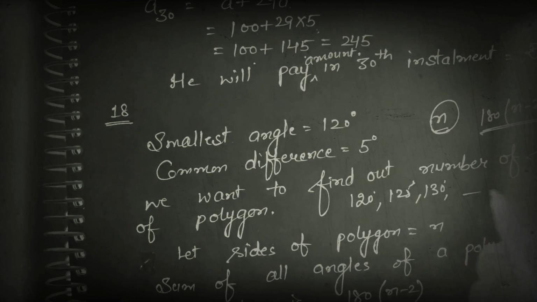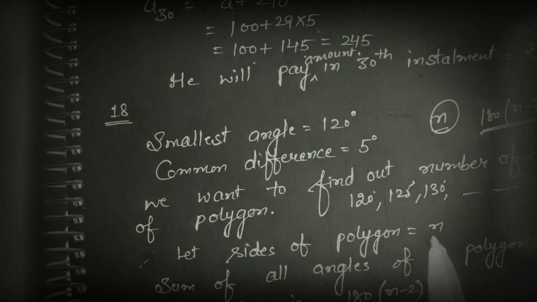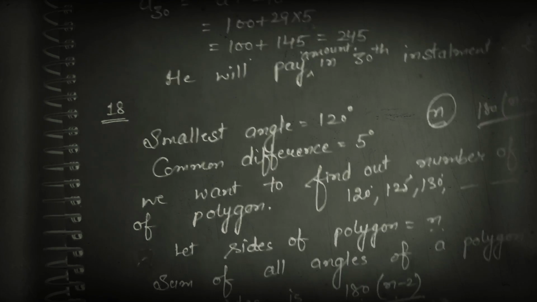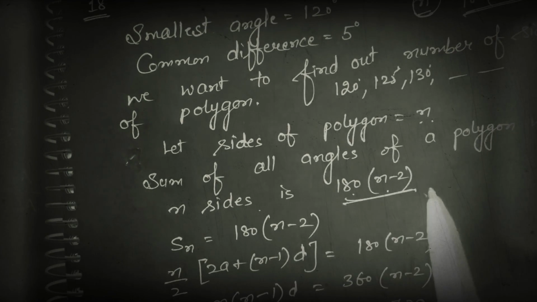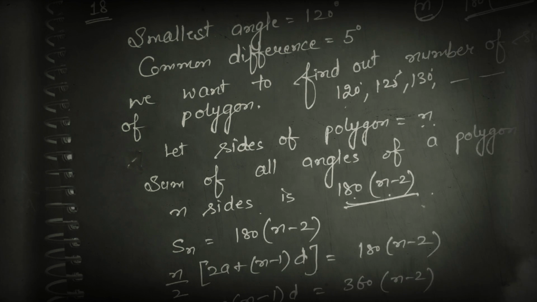So this is an AP, and we want to find the number of sides of the polygon. So let the number of sides be n. The sum of interior angles of a polygon with n sides is 180 into (n minus 2). We know this formula, but we can find this by AP also.